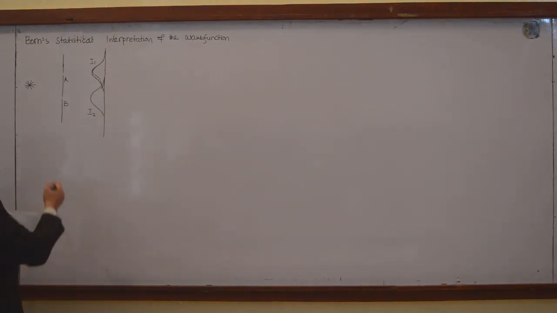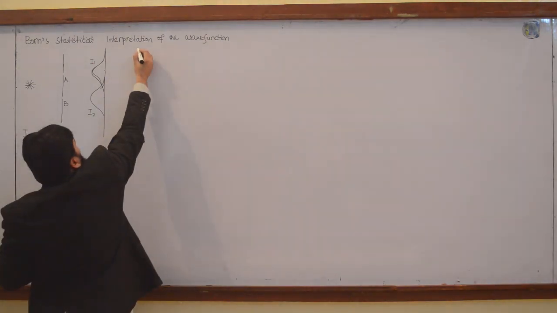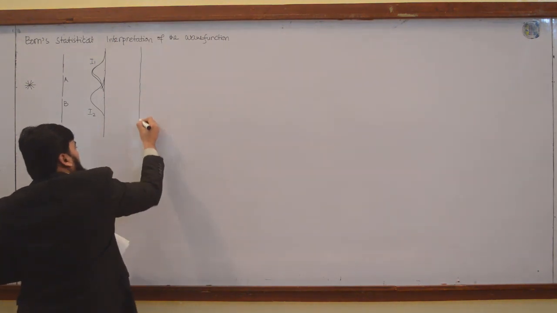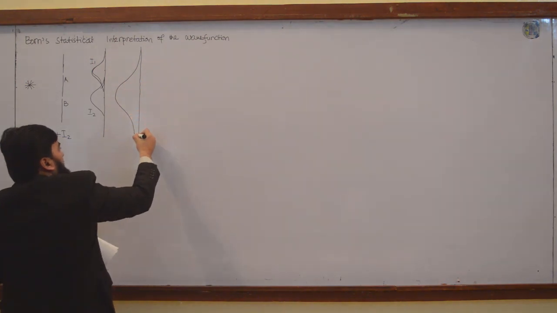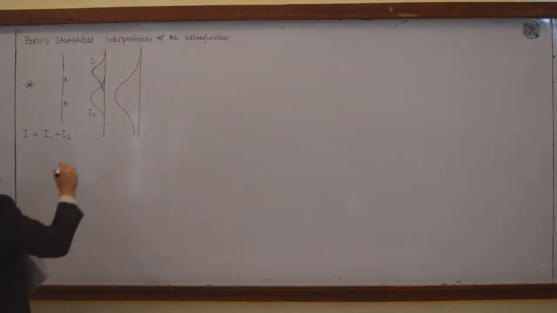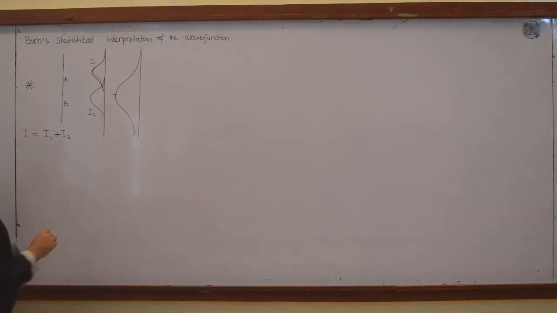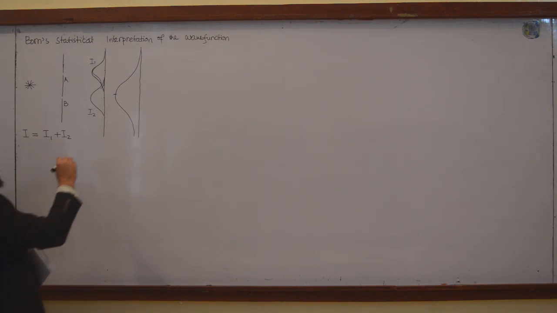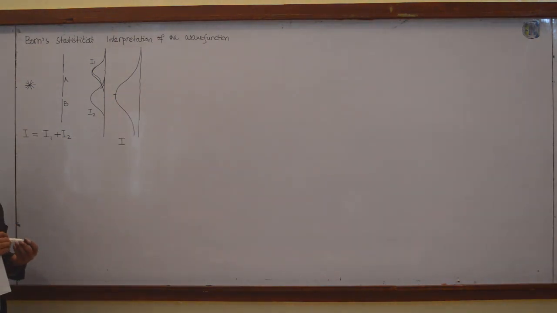So earlier the intensity was I1, and then intensity I2 was added to it, giving the total intensity I. The sum will look something like this. It's not very symmetric, but this central point will be this one. This will be I, the total intensity. Clear?